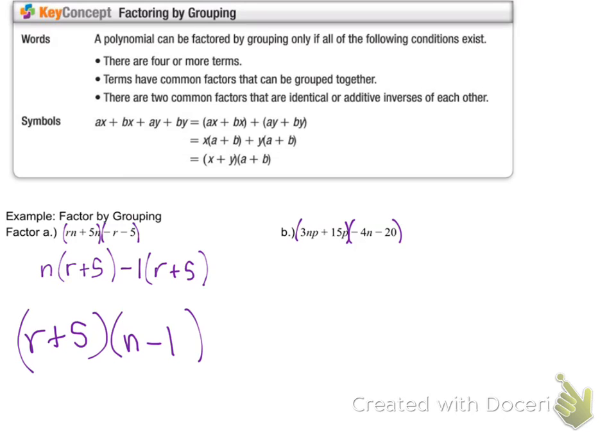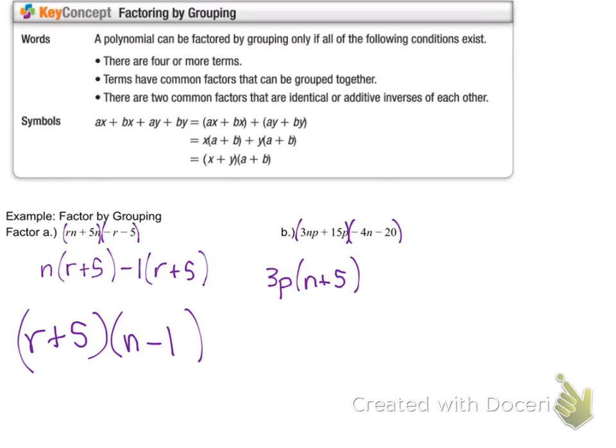That's 3 and p, so 3p. If I take 3p out, you get n plus 5. So the goal is to get n plus 5 again.